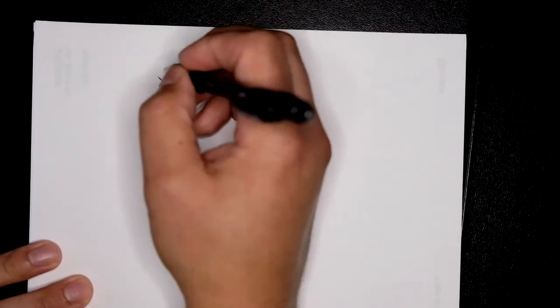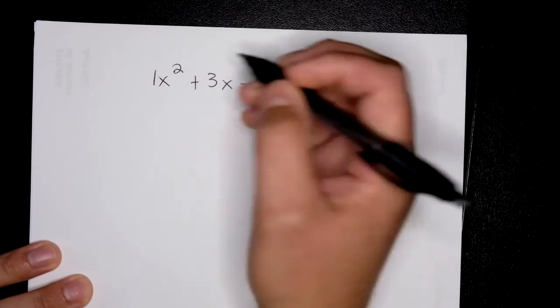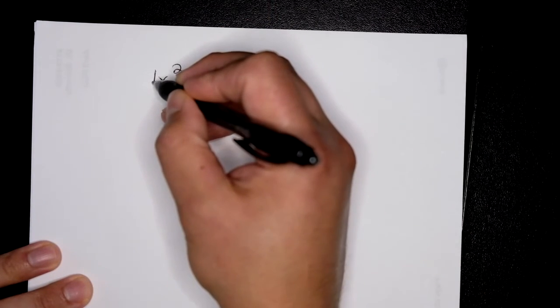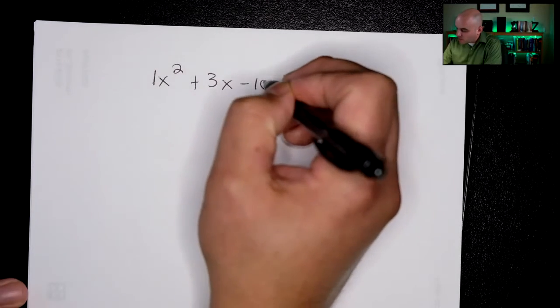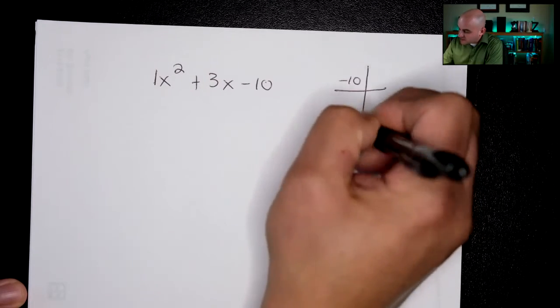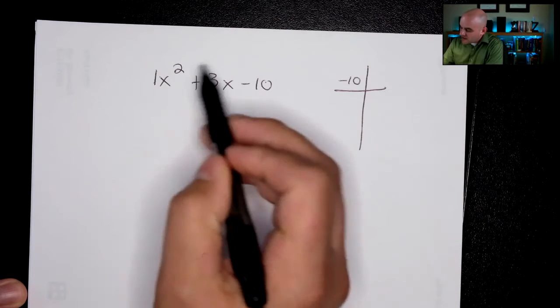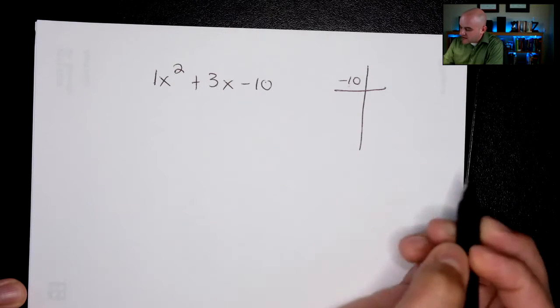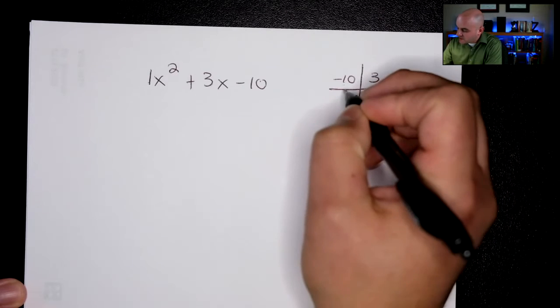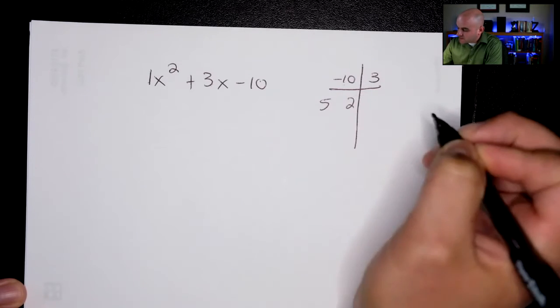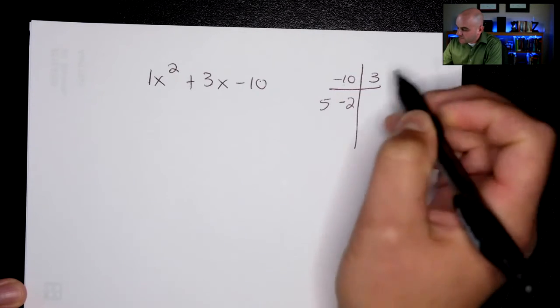So let me show you how I do it. I'd say take the coefficient right there, the leading coefficient, the number that's up front, and we're going to multiply it, say 1 times -10 and get -10. And I want to find factors of -10 that add up to +3. So +3 right there. That's going to be 5 and 2, and the 2 is negative.